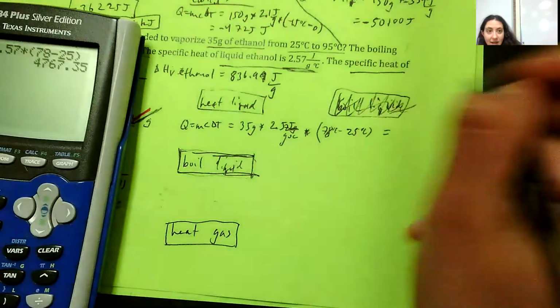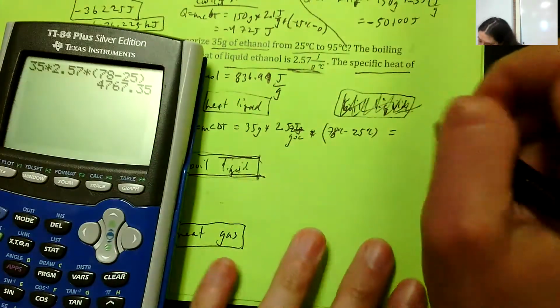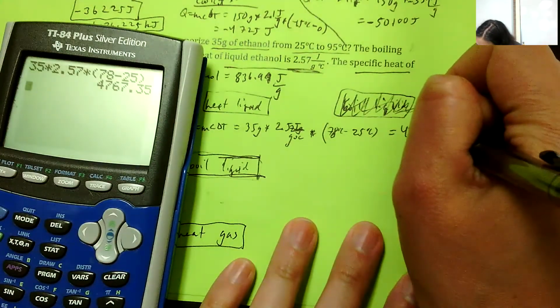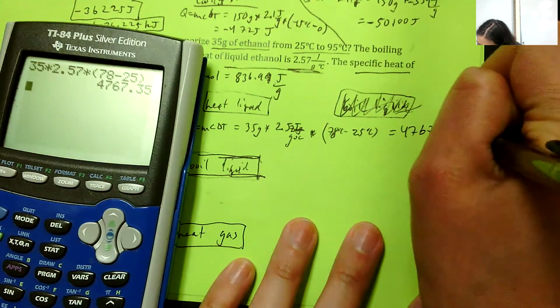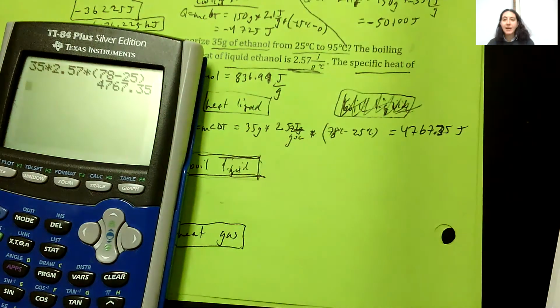So we get our answer here of 4767.35 joules.